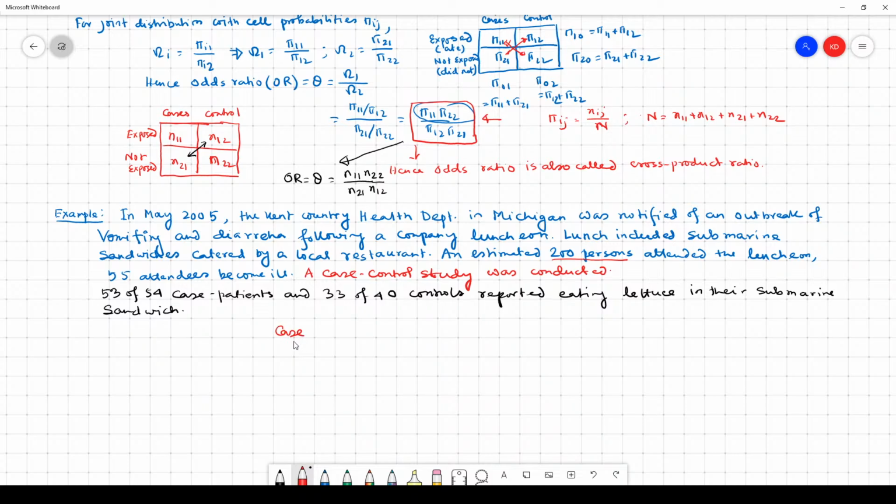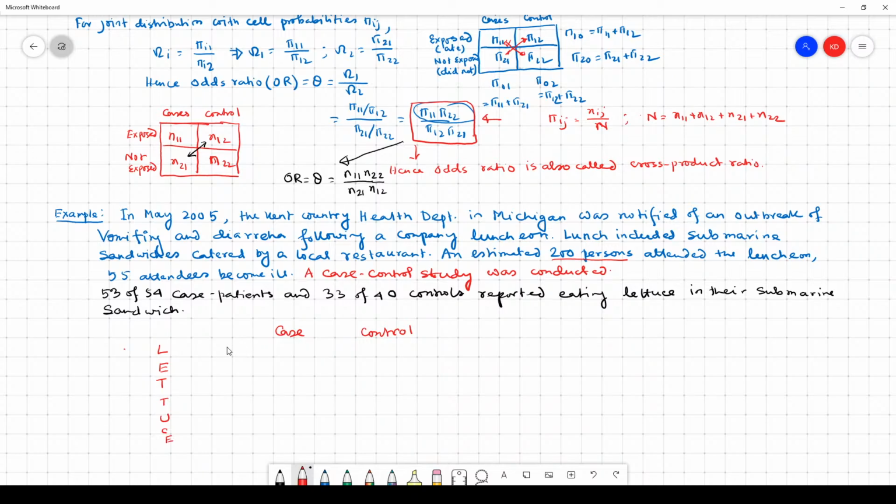This is case, this is control, those who eat lettuce, I denote this lettuce.